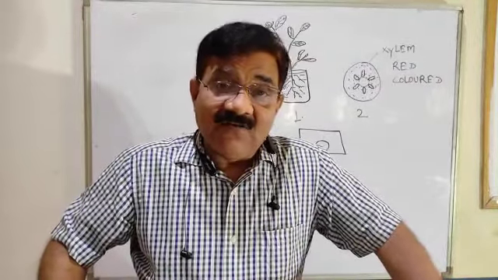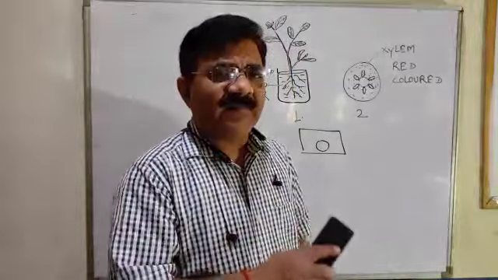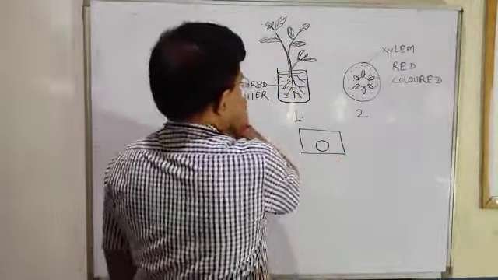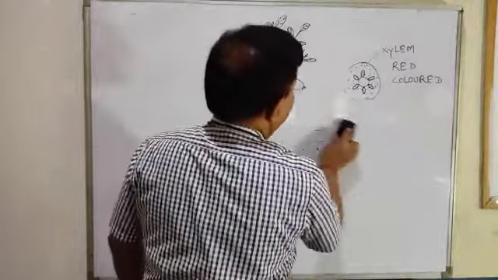Now, this experiment we can also see by another method. Let us discuss one more method which proves that xylem conducts water. Take two plants, one beaker here, another beaker there. Water is there in both the beakers.